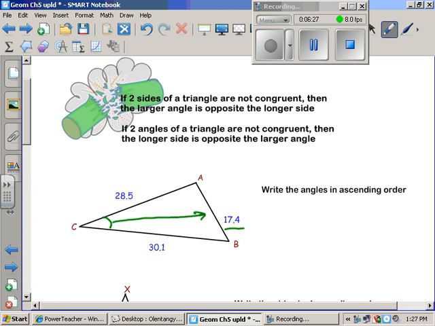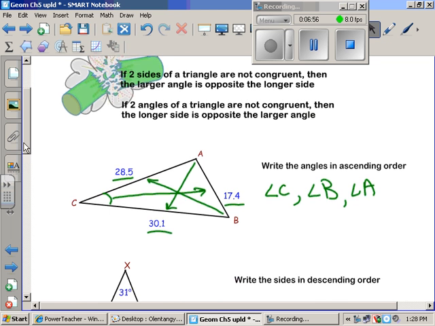So if I'm writing these in ascending order, angle C would be first, then 28.5 is the next largest, and since angle B is across from it, angle B would be the next largest angle. And since 30.1 is the largest, the angle across from that side would be the largest angle. So in ascending order, smallest to largest, would be angle C, angle B, angle A.